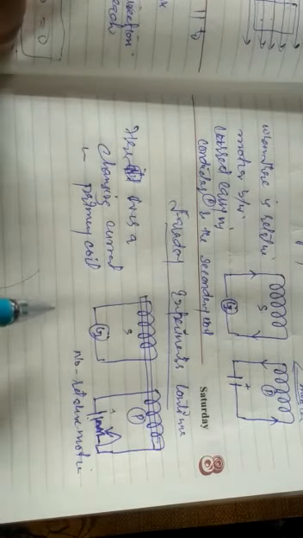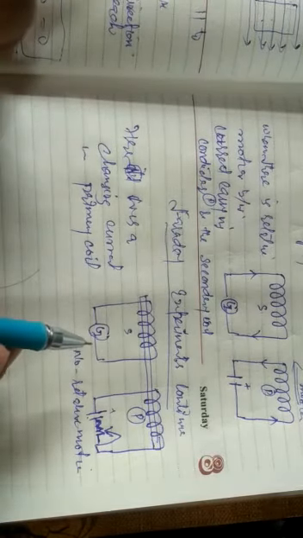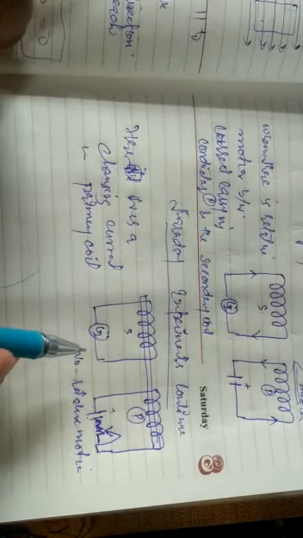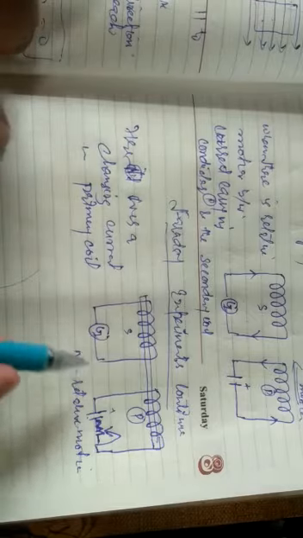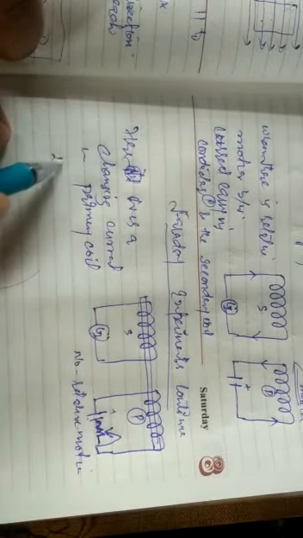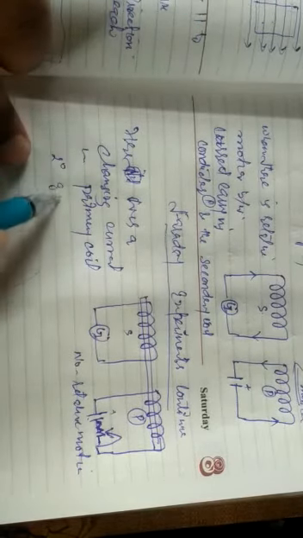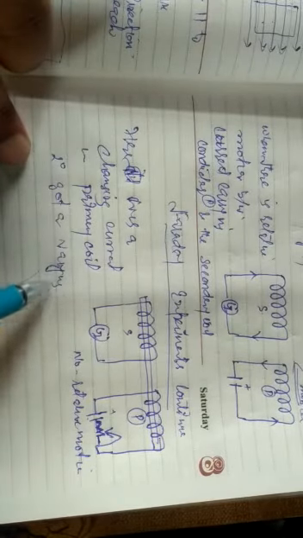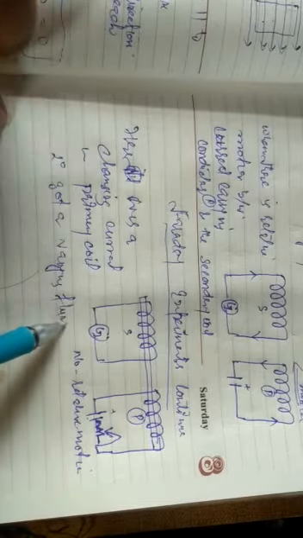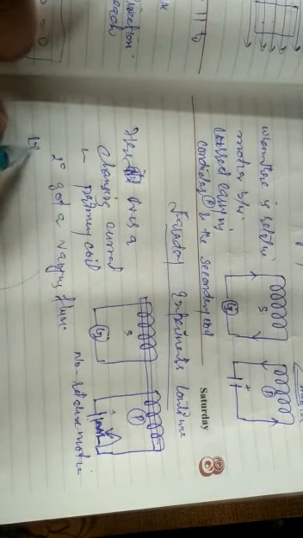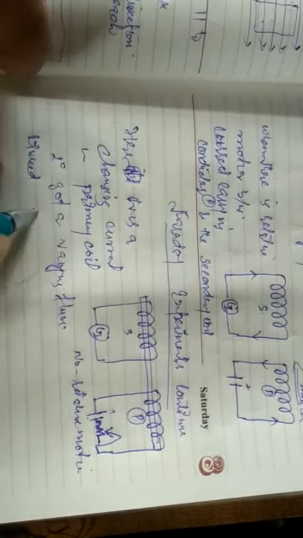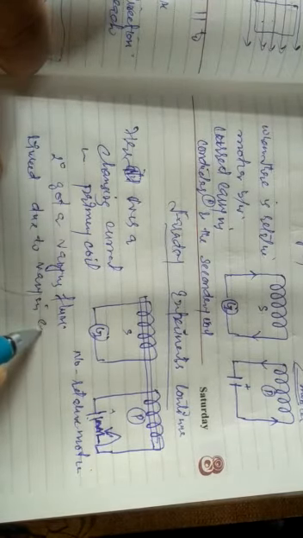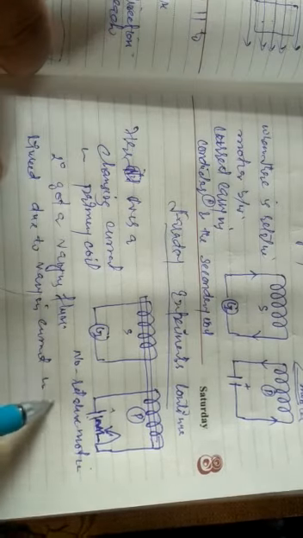Thus, we can conclude that there was production of induced EMF in the secondary coil when current in the primary coil was changing. So the secondary coil got a varying flux linked due to varying current in the primary coil.